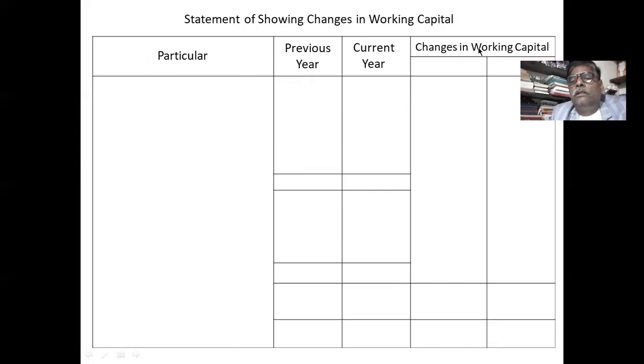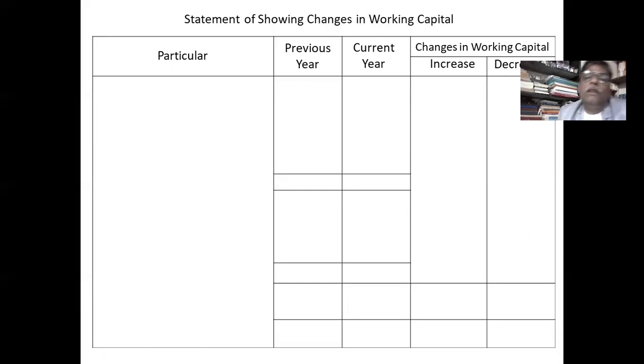Then comes the changes in working capital, which has two columns. First is increase: an increase in working capital, you record in this column. A decrease in working capital, you record in this column.